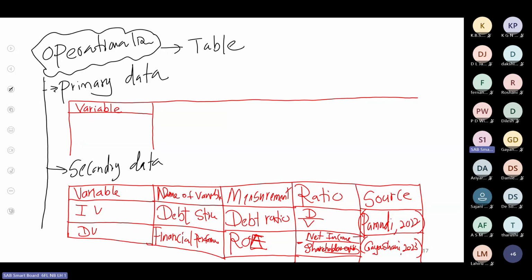This is where most of the time literature helps us in finding the measurement. That is why when I'm doing the literature review, I ask you to mention the variables of their research.